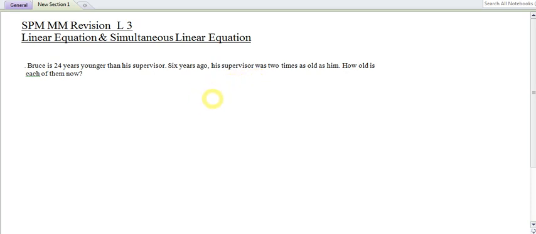So now I just let the age of Bruce be B, and the age of his supervisor be S. Okay, so Bruce is 24 years younger than his supervisor.